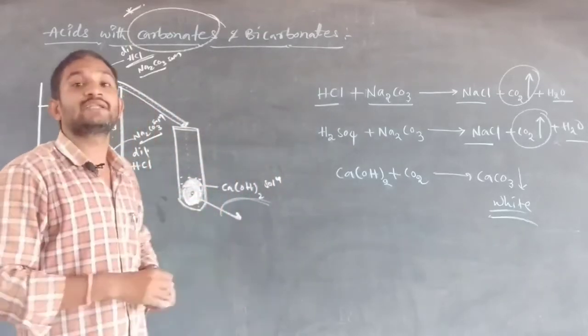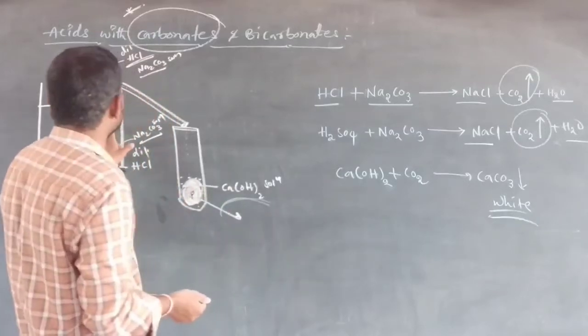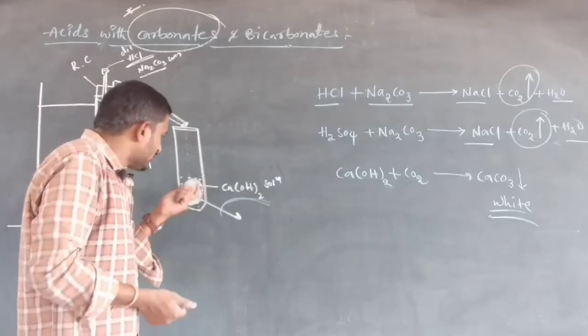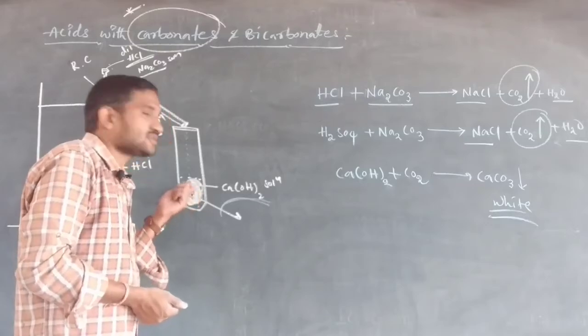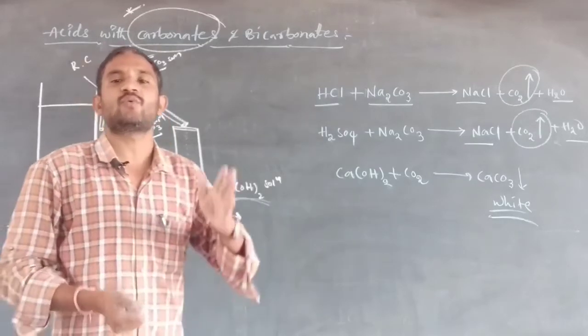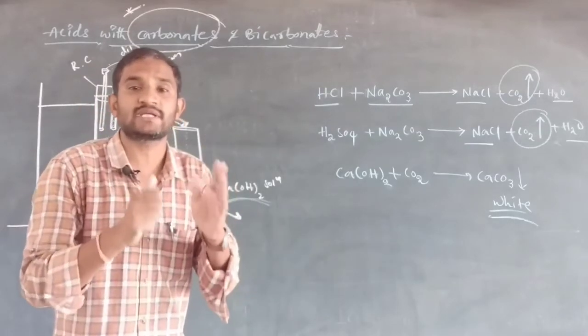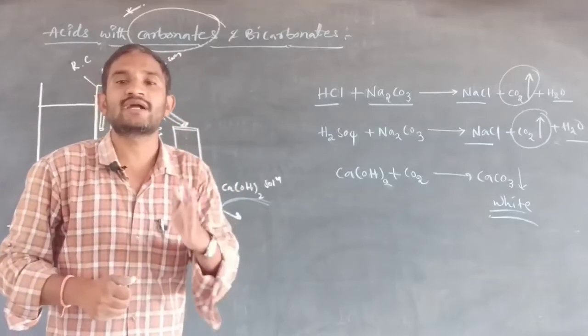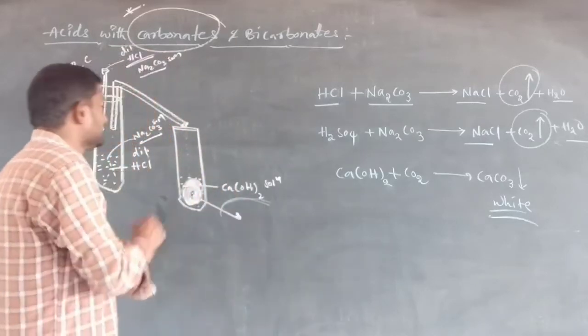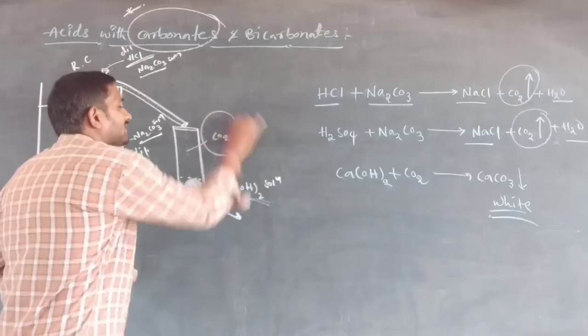By the formation of the white precipitate, what are we concluding? The released gas is carbon dioxide. When the solution in the second test tube becomes a white precipitate, we conclude that the released gas is carbon dioxide.